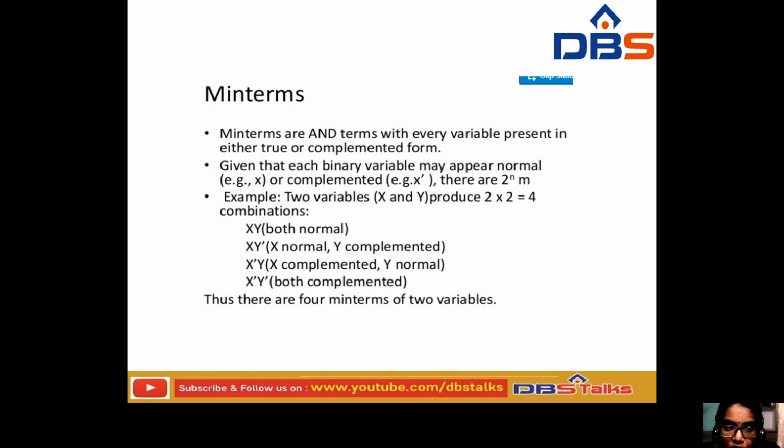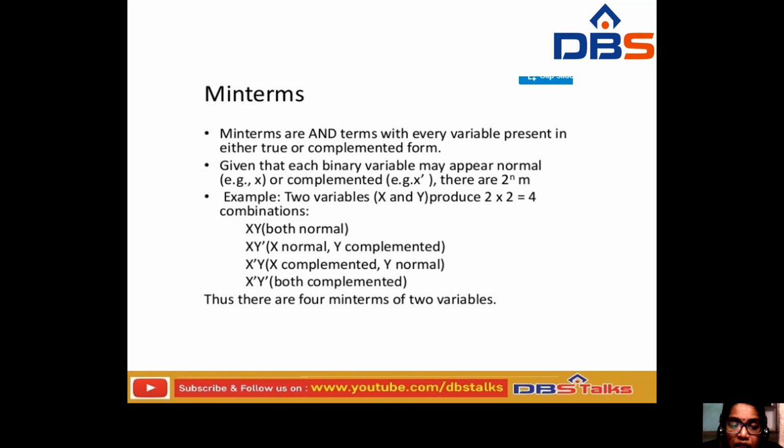Here xy means both are normal. X into y dash means x is normal and y is complemented. X dash y means x is complemented and y is normal. And x dash y dash means both variables are complemented. So these are the min terms.